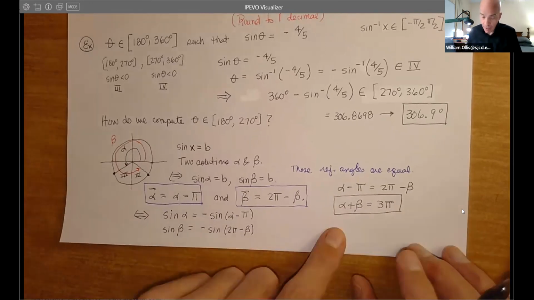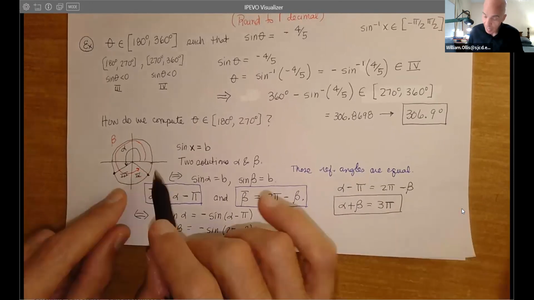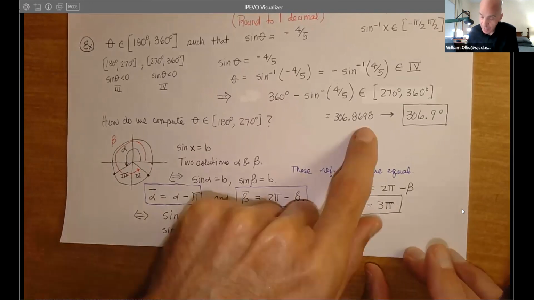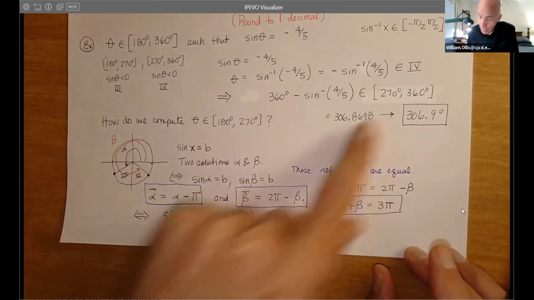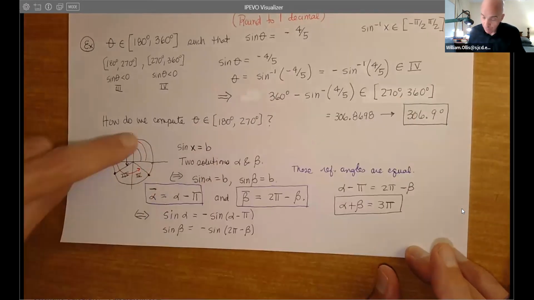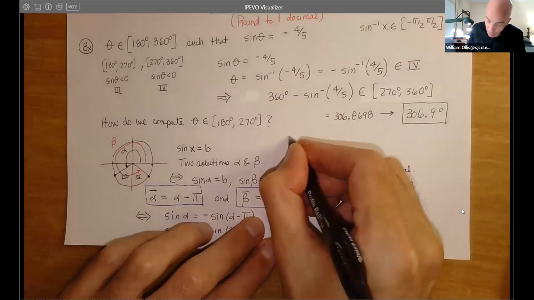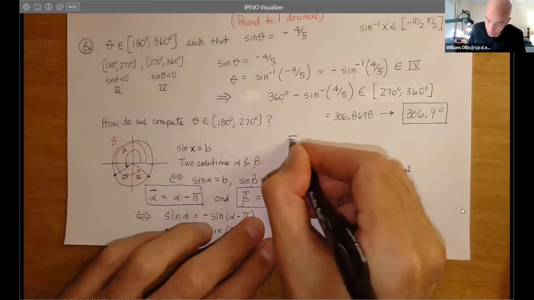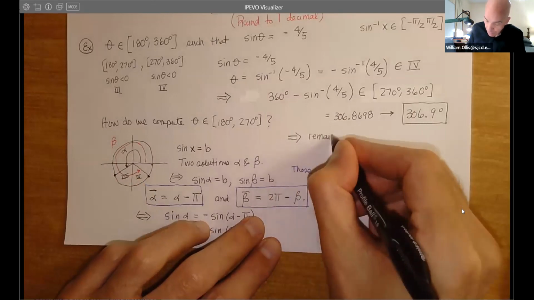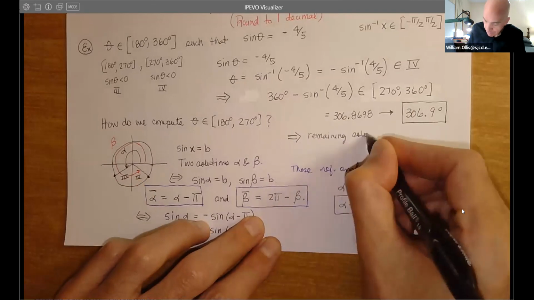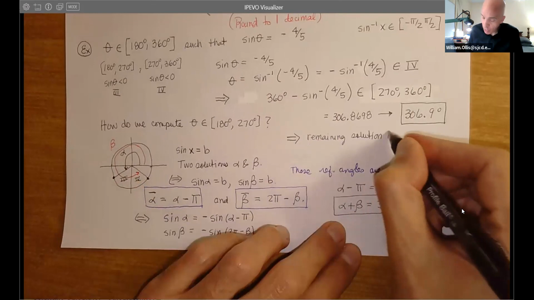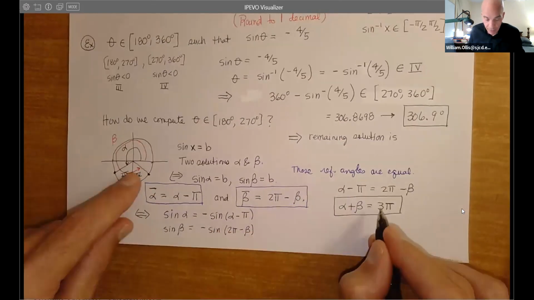So that's the connection between these two particular setups here. Now let's use the notation I have here to set up Professor Ron's lemma. If this is in the fourth quadrant, that corresponds to our alpha. So this implies the other solution. We'll say remaining solution is, and so we've got beta is here.